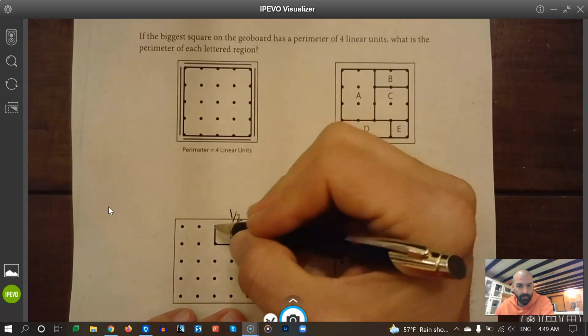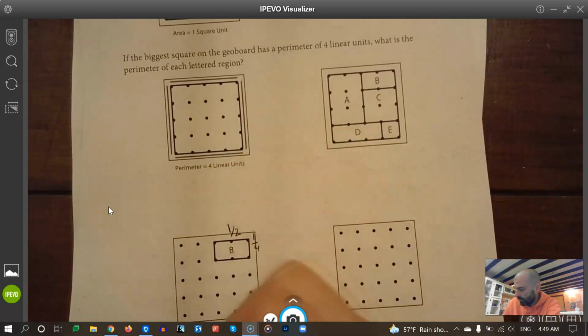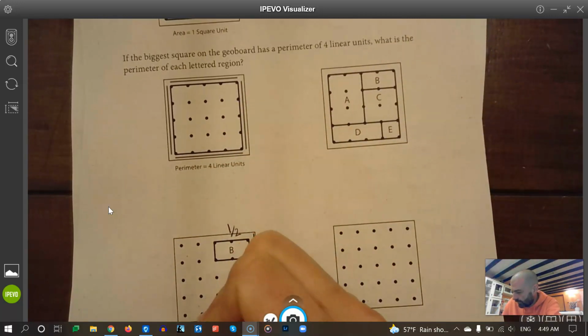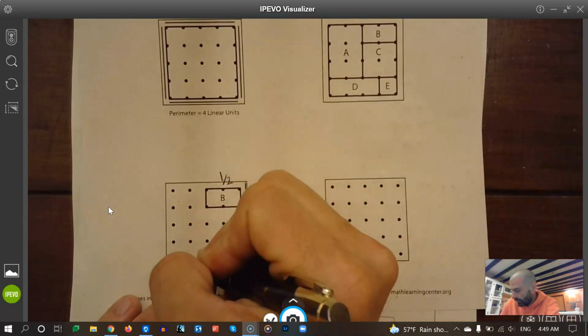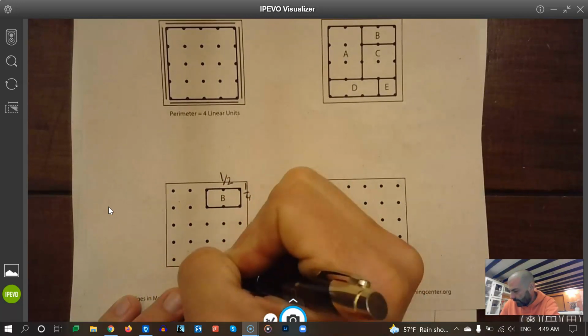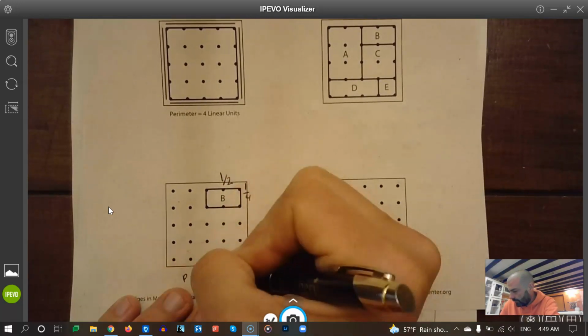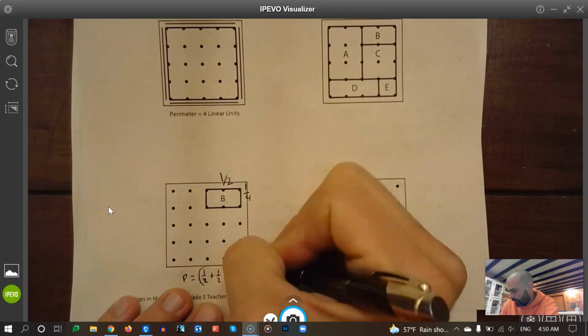So now what is the perimeter of B? So I would write that up here. So perimeter equals what? 1/2 plus 1/2 plus 1/4 plus 1/4.